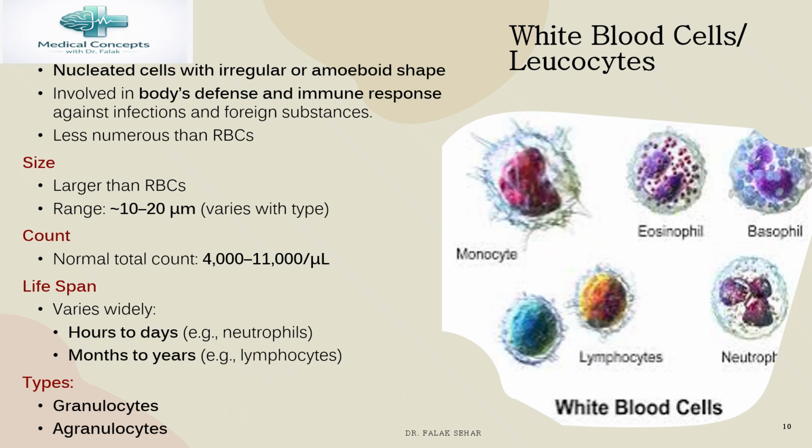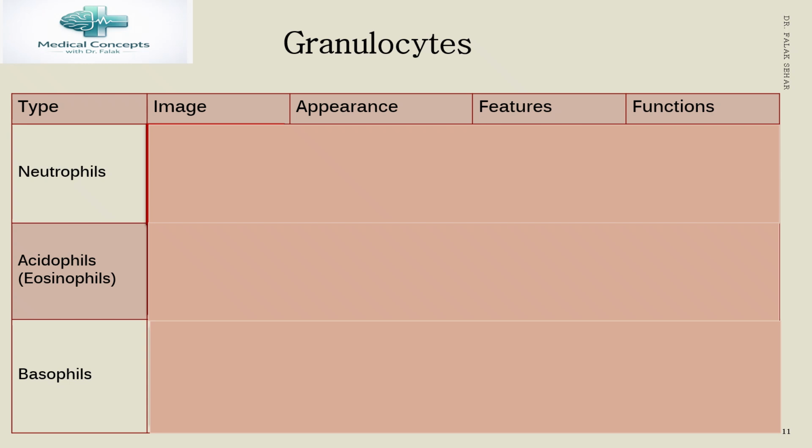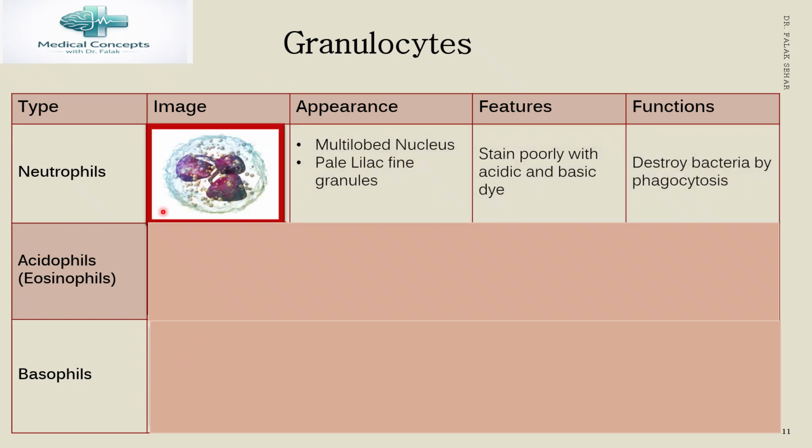So let's discuss. Regarding granulocytes you can see that we have neutrophils, eosinophils and basophils. So what is neutrophil? This is the main typical appearance of the neutrophils. They are multi-lobed nucleated cells and have pale lilac fine granules in their cytoplasm.